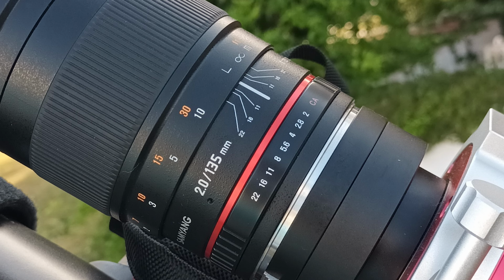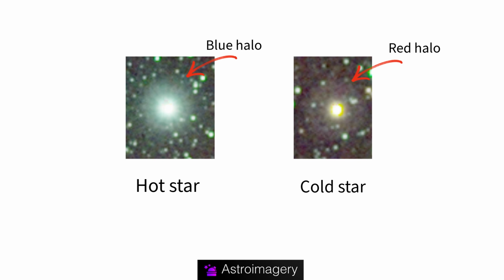I've recently been trying out my Samyang 135mm camera lens at f2.8. So that's very fast. Thicker filter glass also makes for a bigger halo, and it turns out the star's temperature and brightness matter too.